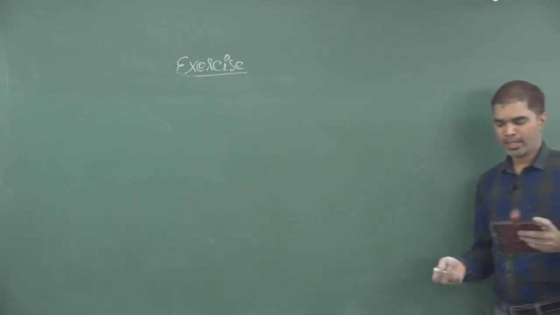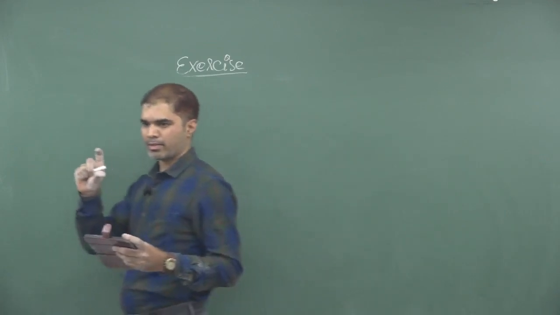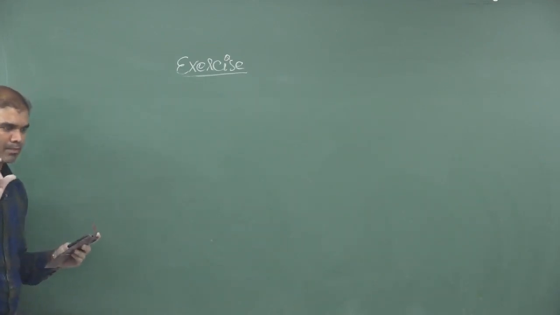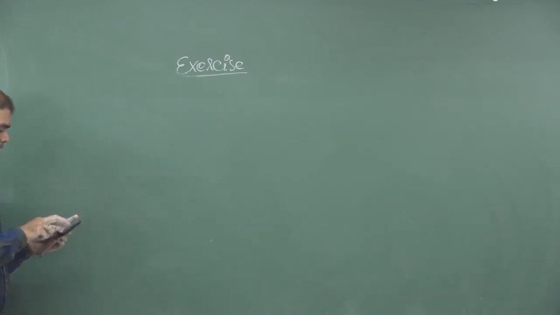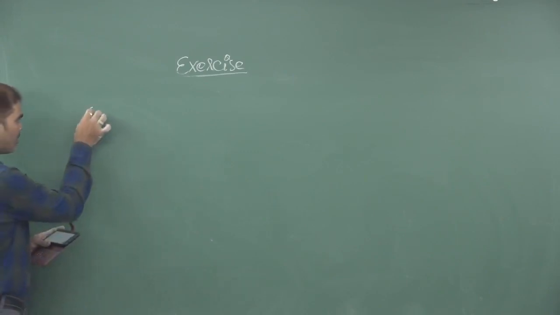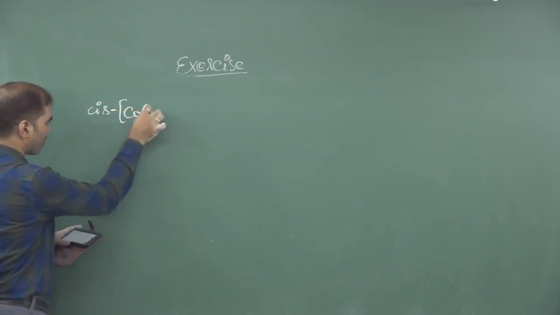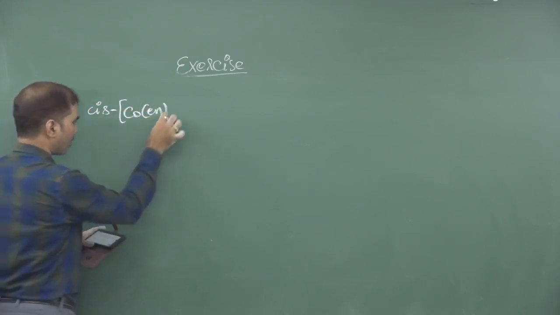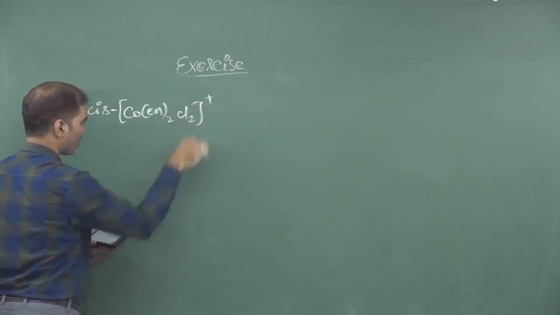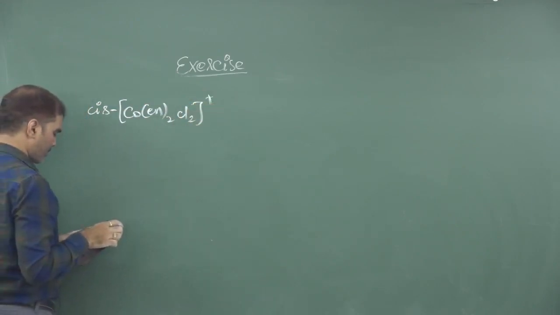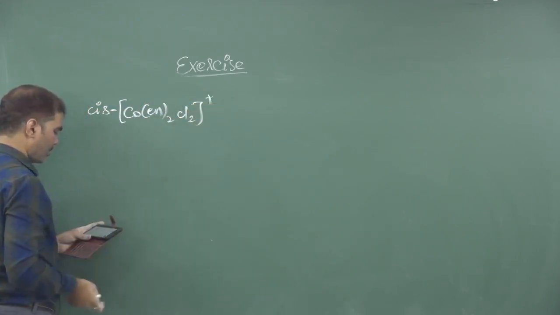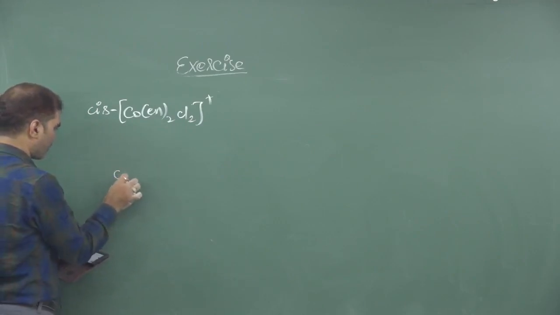Determine the chirality label. This is for checking your confidence levels. Determine the chirality label for cis-[Co(en)2Cl2]+.